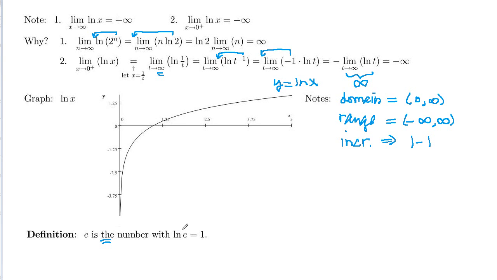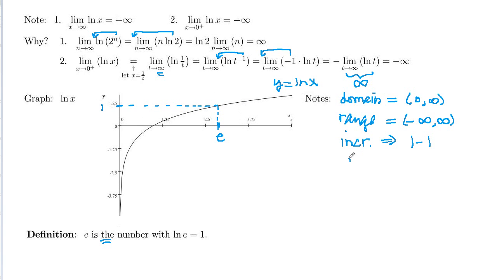So 1 would be about right here on the y-axis. If I go across to the log function till I hit it and come down, that value is e. So the one x value that has a log of 1 is e, and that's how the number e is defined.